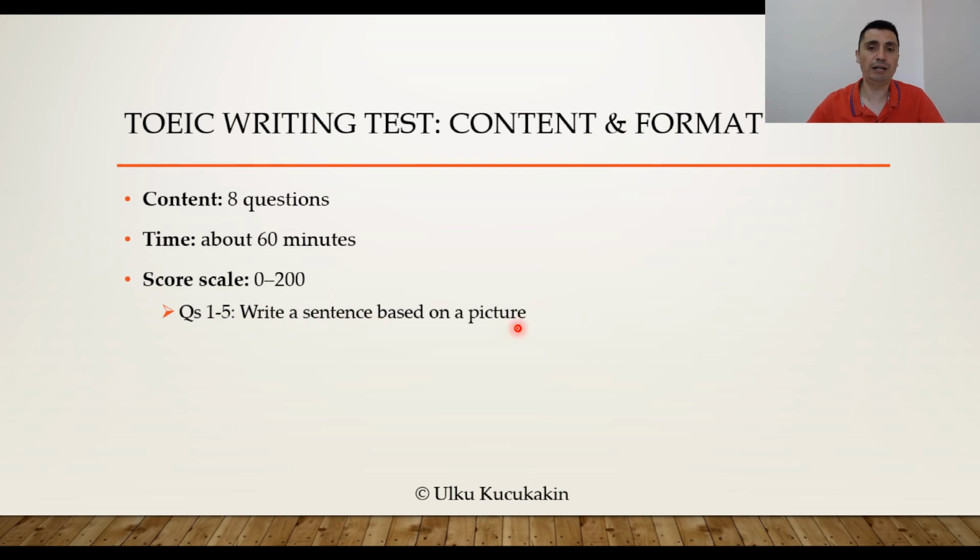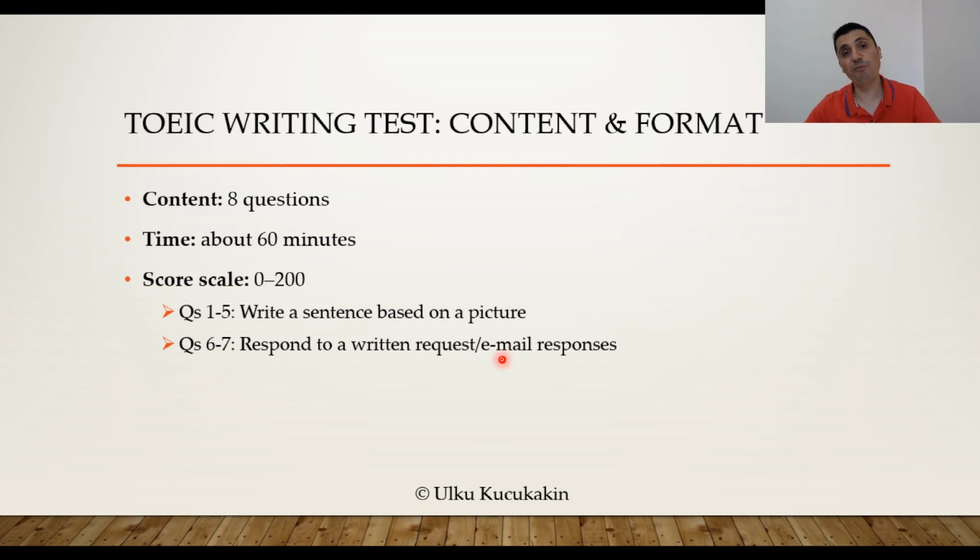Again, you will be given a picture and you will write only 1 sentence describing that picture. And in questions 6 to 7, you will respond to a written request, or in other words, you will respond to an email. Usually, this comes in the format of an email, and you will write a reply to this email.